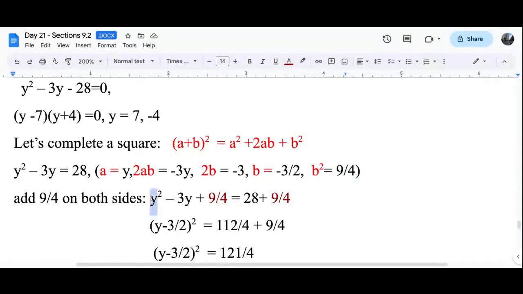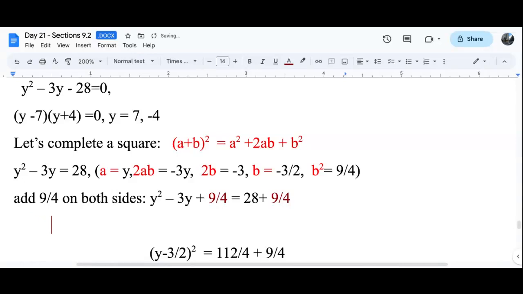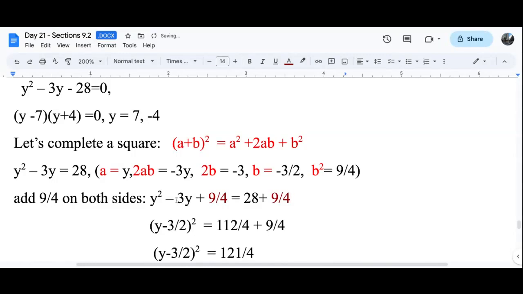So you see here, we have a squared. Let's write this as a squared plus 2 times negative 3 over 2 y plus, well, this is negative 3 over 2, negative 3 over 2 squared.